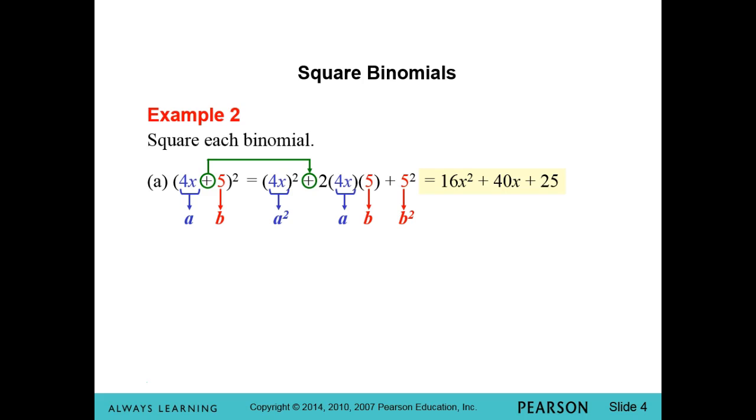Twice the product of these two, 2 times 4x times 5, a times b, and then square the last term. 4x squared is 4 squared, 16 times x squared, plus twice 4x times 5, twice 20x, or I would do it this way, 10 times 4 is 40x. And then plus 25. Same thing we got, just carried through with a bit more rigor to get there.